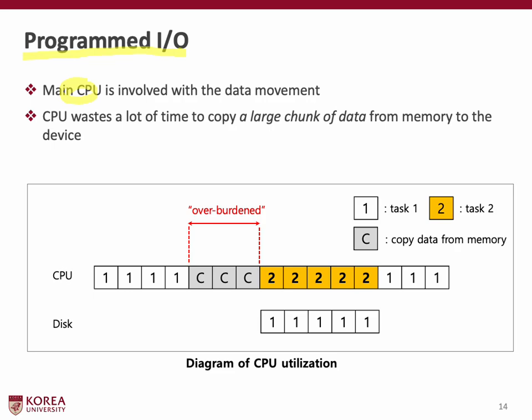When task 1 requests an I/O operation to write some data at this point, the operating system should copy the data from memory to disk during this time. This is programmed I/O. And in this case, the CPU spends a lot of time just copying data, which can slow down the entire system, especially for large transfers.